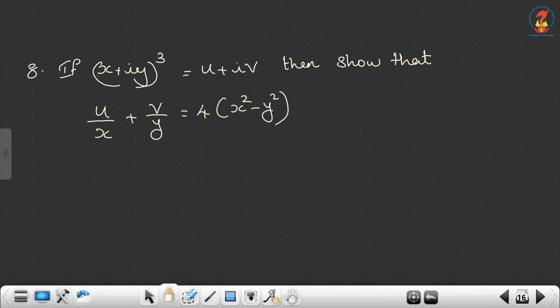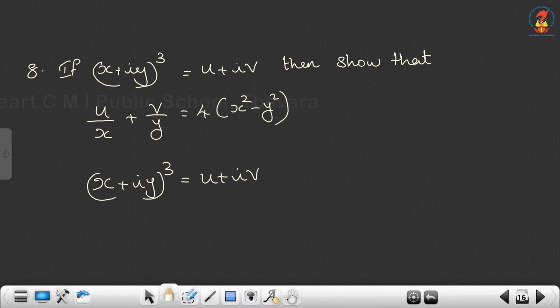If (x + iy) whole cube is equal to u + iv, then show that u/x + v/y is equal to 4 into (x² − y²). So first we take that (x + iy)³ is equal to u + iv.